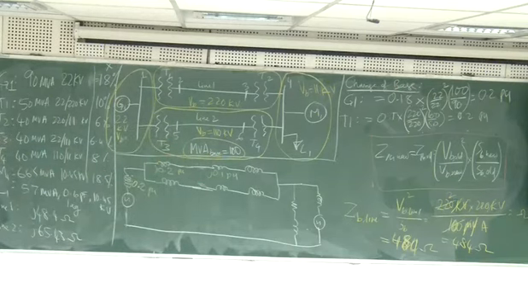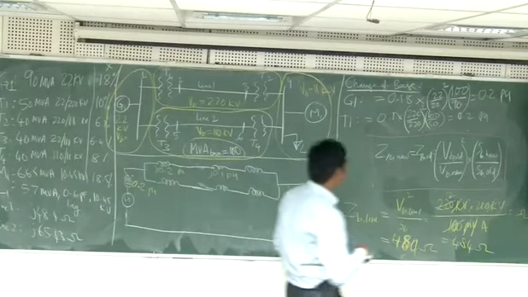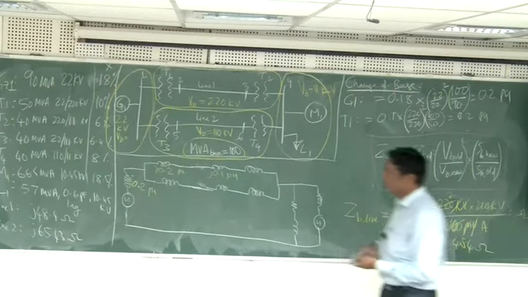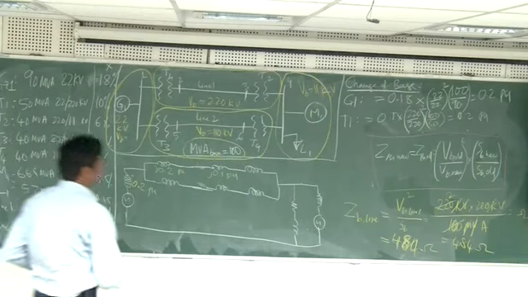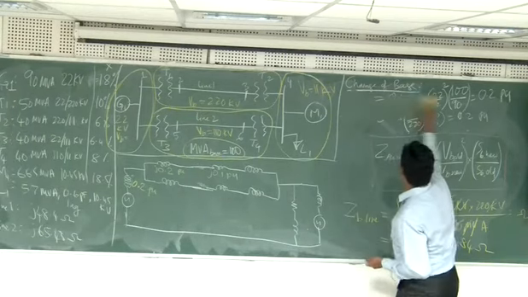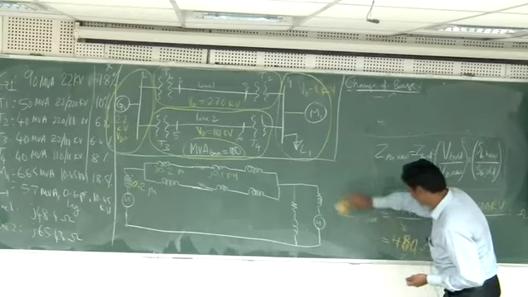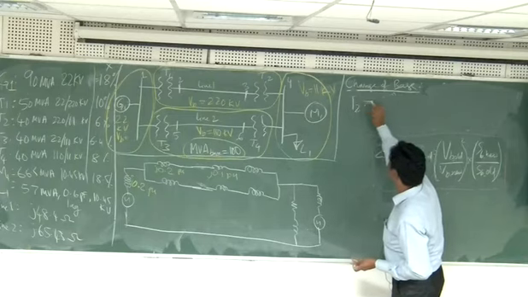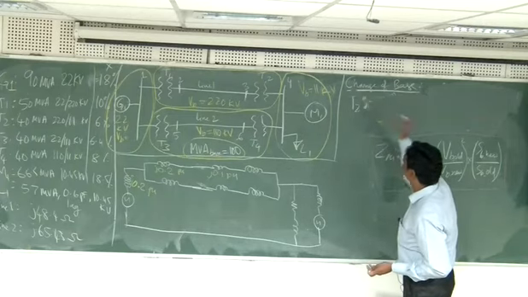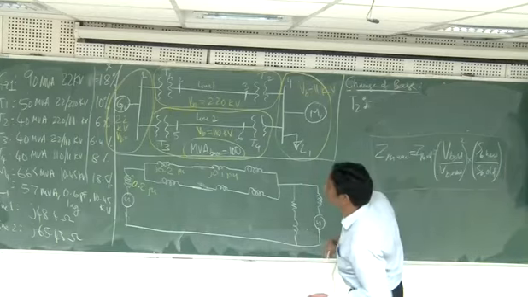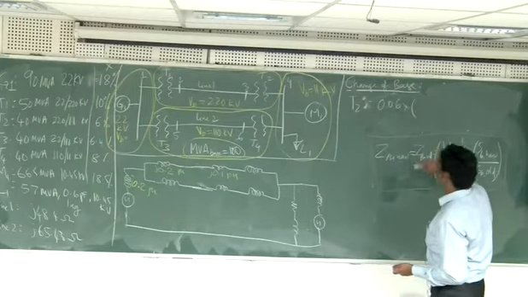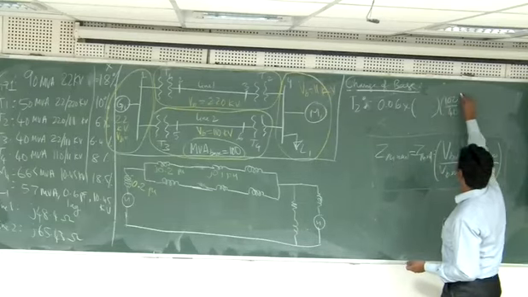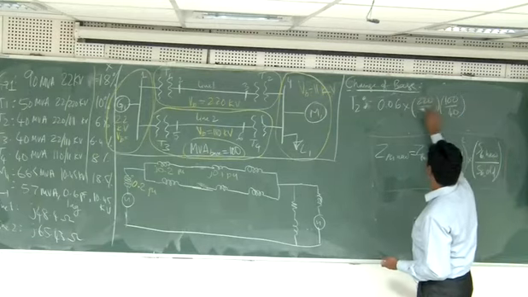So what about the transformer T2? Quickly, for T2 we need to do change of base. The old one is 0.6 into 100 by 40, and the voltage is 220 squared.